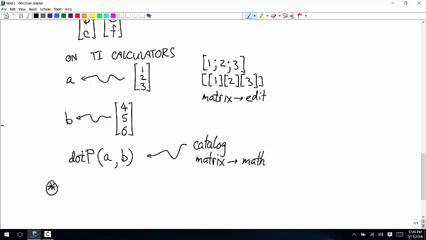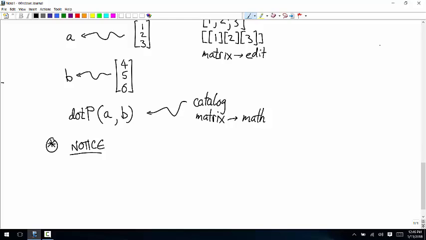Notice this important thing about the dot product. The order of the arguments doesn't matter.